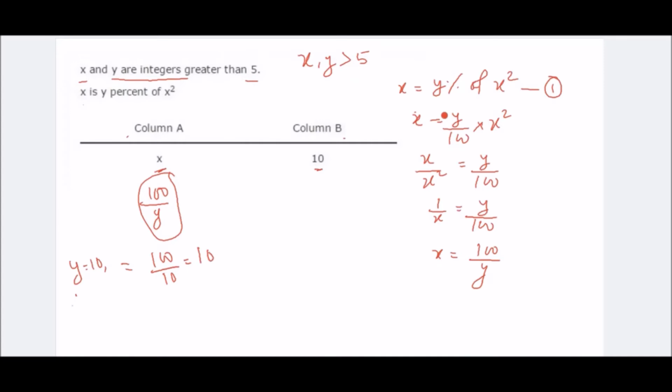Next y will be 20. So 100 by 20 is equal to 5. But this is not valid because x and y are both greater than 5. So this is not our valid condition. There is only one possibility, that y is 10 and x is also 10 and column B is also 10. So column A and column B are both equal. So our answer choice is C.